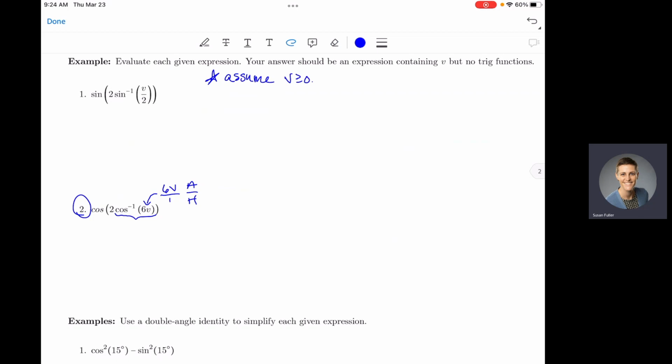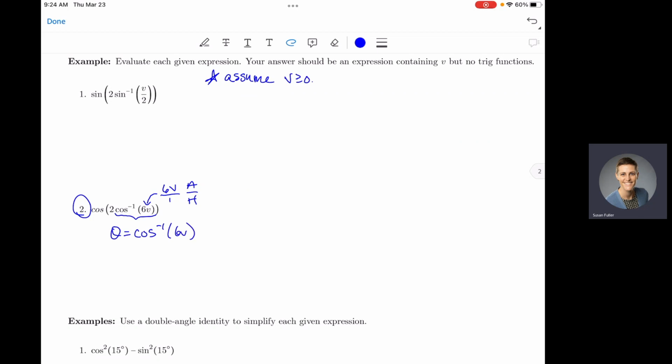The problem is 6v definitely does not live on the unit circle. But it is a ratio, so we can draw a triangle for this. So we'll get there. But the first thing that we're going to do is just note to ourselves that I'm going to do inverse cosine of 6v and I'm going to get an angle out. I'm going to name this angle theta for right now.